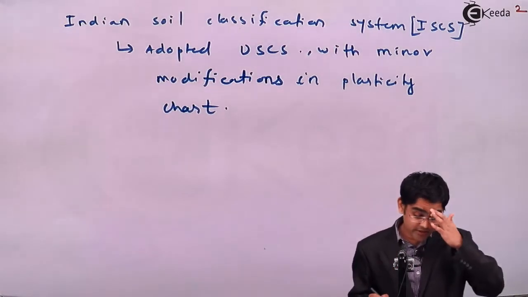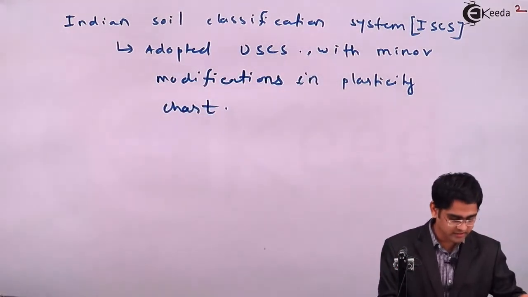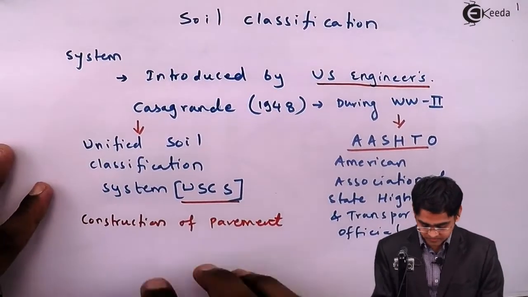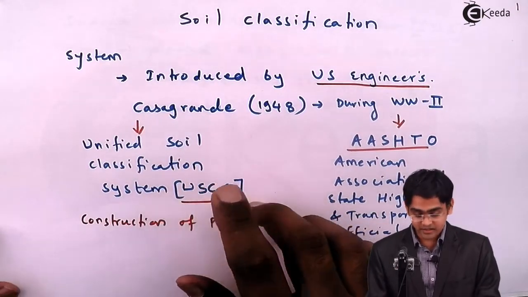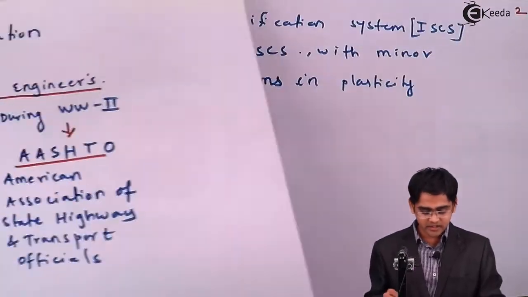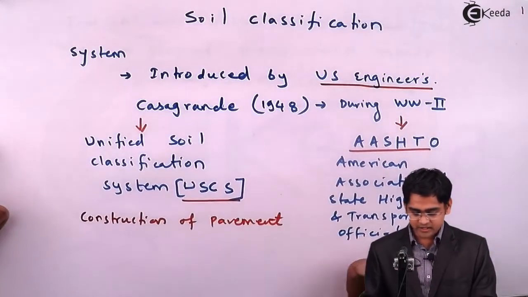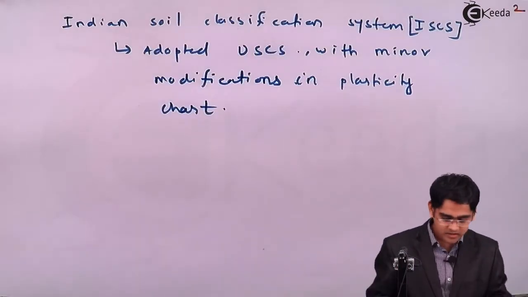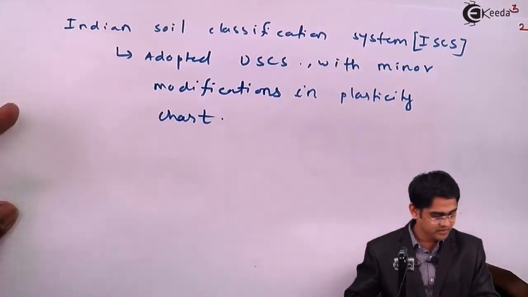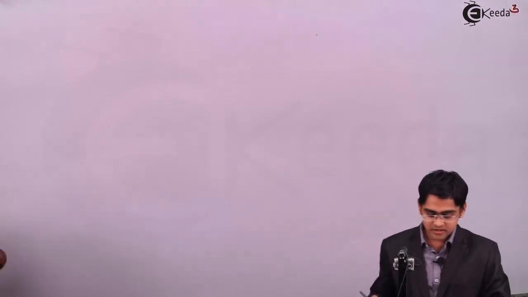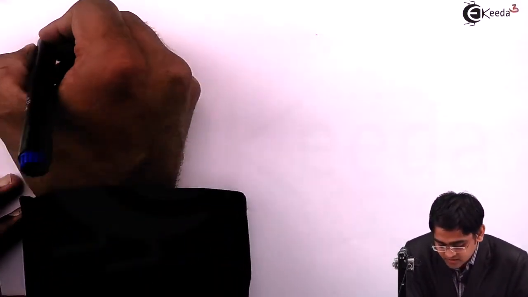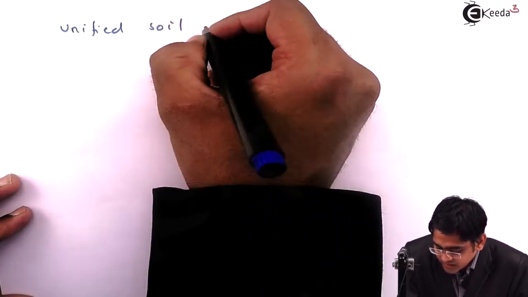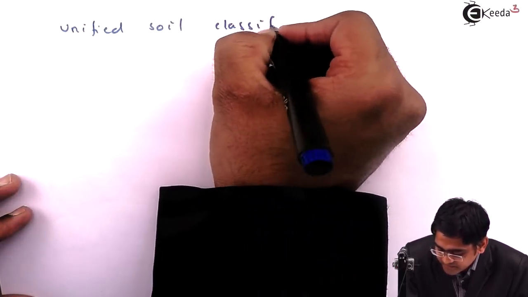So we'll go deep into this Indian soil classification system, which is first of all the universal Unified Soil Classification System, and we Indians have adopted the same with minor modifications. So we'll go and study this Unified Soil Classification System.